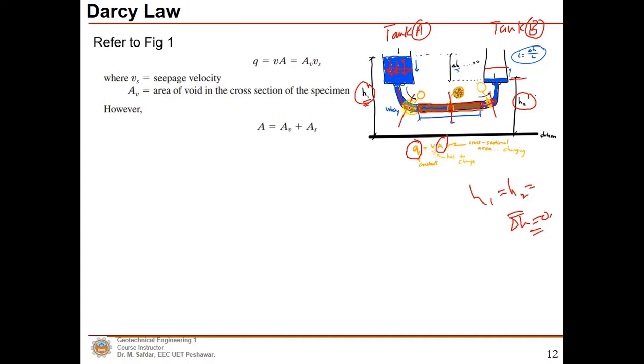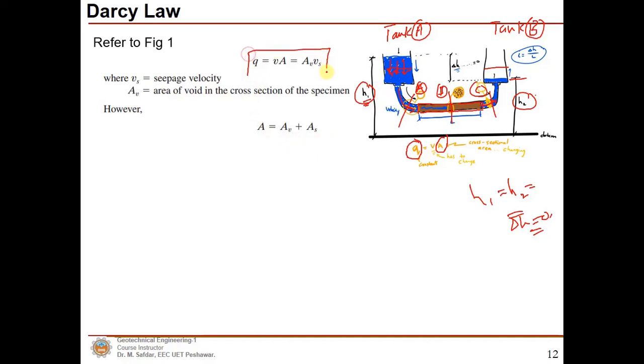Now in order to keep the flow rate constant, the velocity must change. This states that the seepage velocity here will be different than the discharge velocity at this particular point, or at points A, B and C. So discharge velocity at point A and point B will be different.